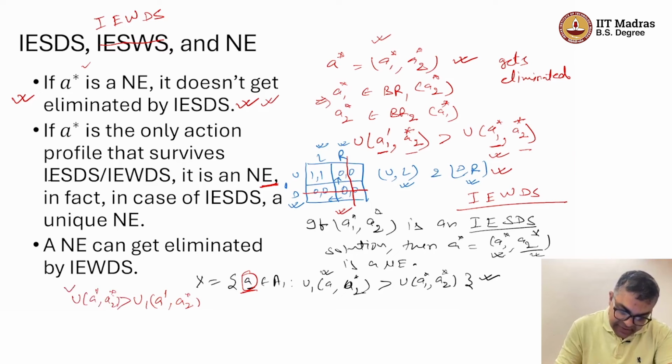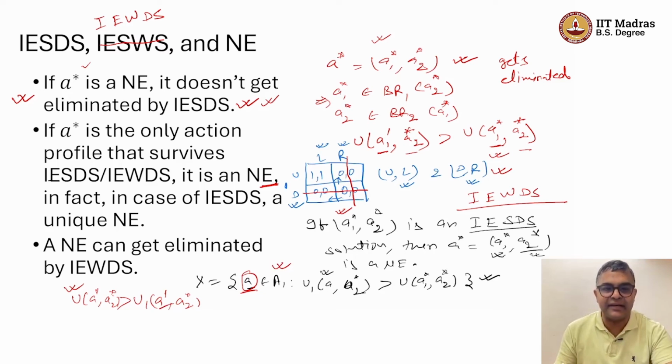If this is the case, A1 double dash should also belong to the set X, so this cannot be the last one, and this is a contradiction. We cannot find the last one if we assume that this is not a Nash equilibrium, and hence it is proved that if A star is the only action profile that survives, then it is a Nash equilibrium.